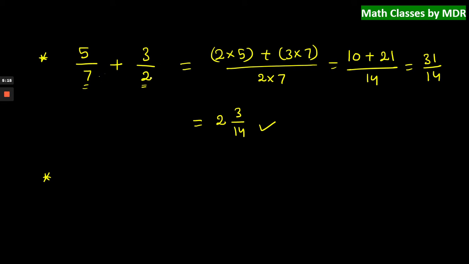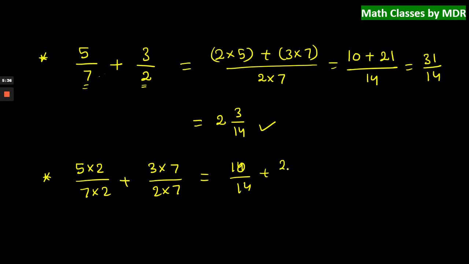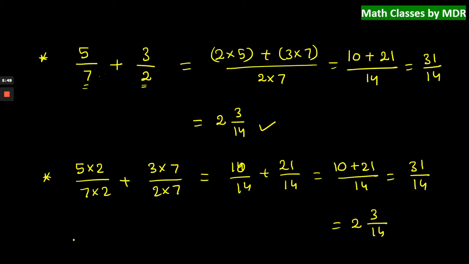For that, you have to multiply by 2 both numerator and denominator of the first fraction, and multiply by 7 for the second fraction, so you will get 10 by 14 plus 21 by 14. Now the denominators are same, therefore we can add the numerators, which is equal to 31 by 14. I can write it as 2 3 by 14. I hope it is clear.